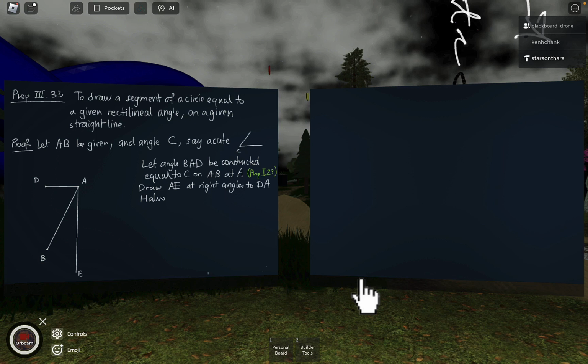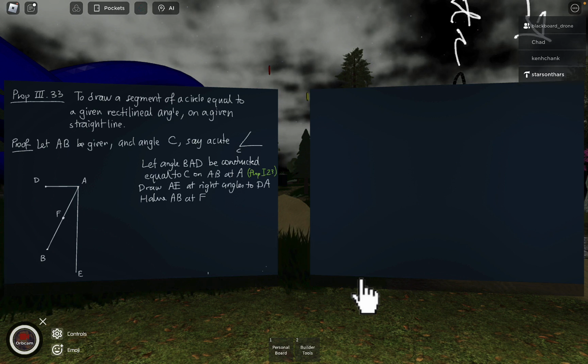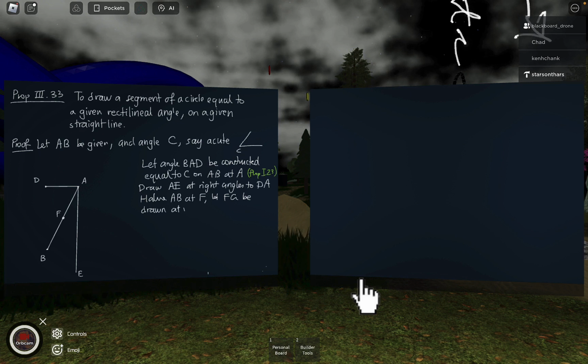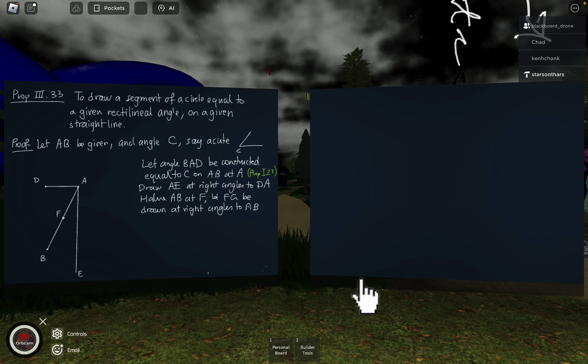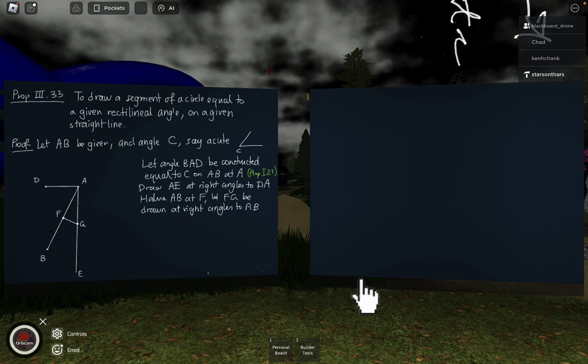Halve AB at F. Let FG be drawn at right angles to AB. So that is here. And join GF as I have.